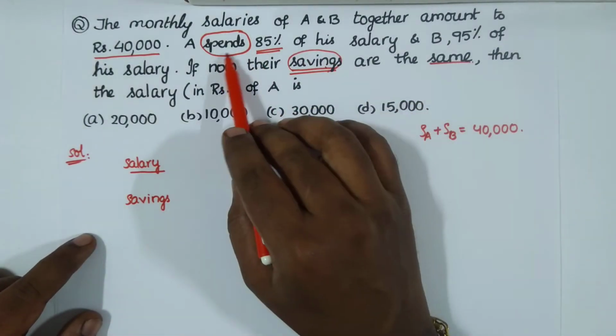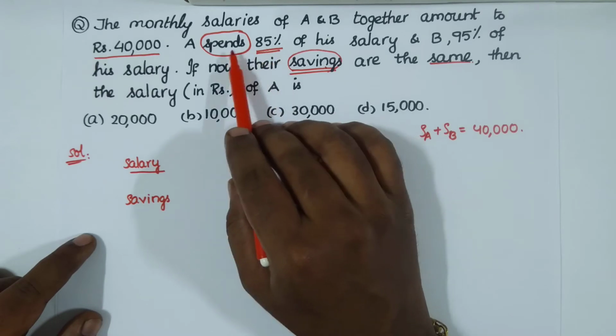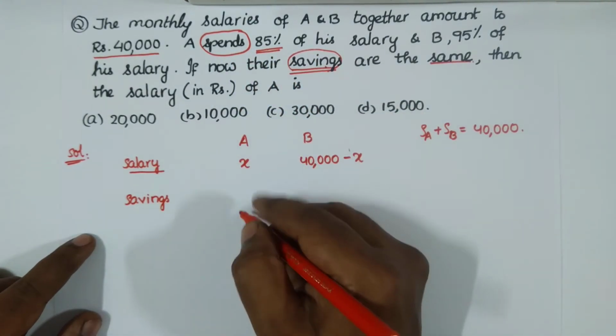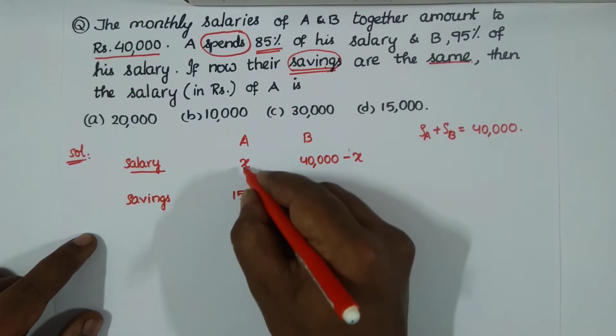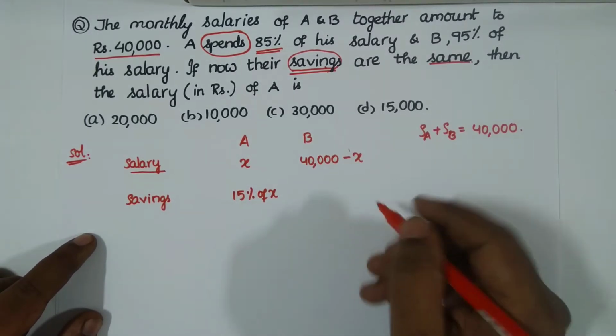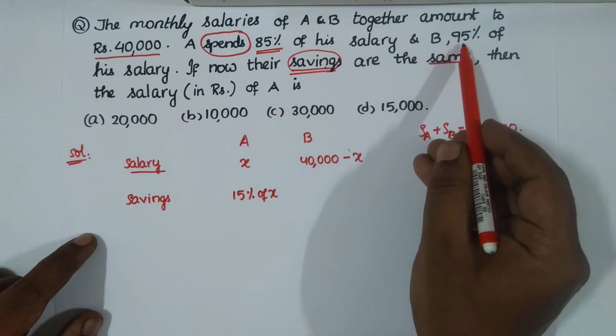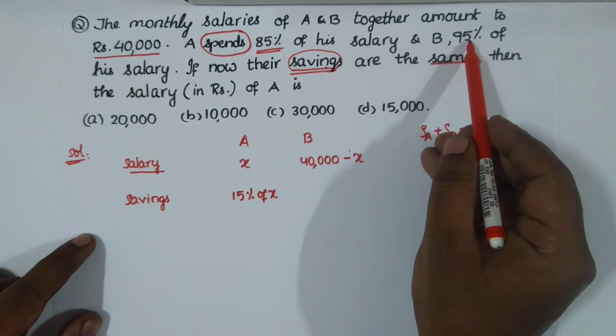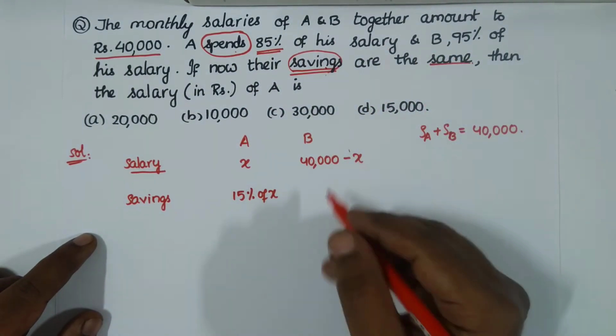A is spending 85%, which means he is saving 15%. So if his salary is X, he is saving 15% of X. B is spending 95%, which means he is saving 5%.